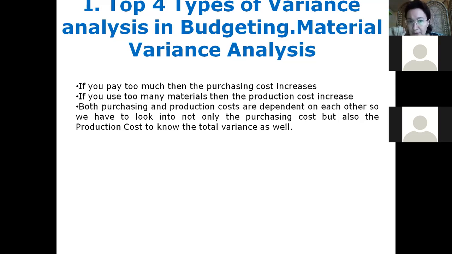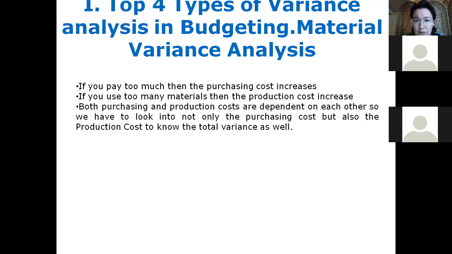What does it mean, materials variance analysis? It means that we can have the situation if we pay too much, then the purchasing cost increases. Also, if we use too many materials, production costs increase also.